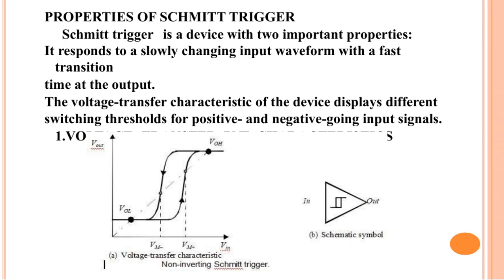Second, its voltage transfer characteristic is unique because it has different switching thresholds depending on whether the input is increasing or decreasing. This creates a kind of hysteresis, which helps to prevent false triggering due to small fluctuations around the threshold. Understanding these voltage transfer characteristics is fundamental to appreciating how a Schmitt trigger operates in different applications.